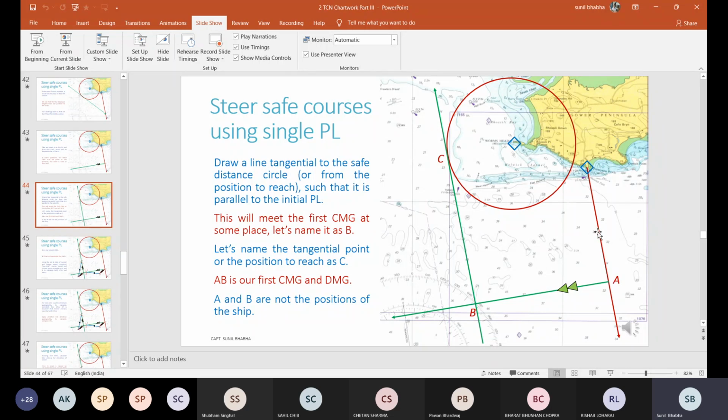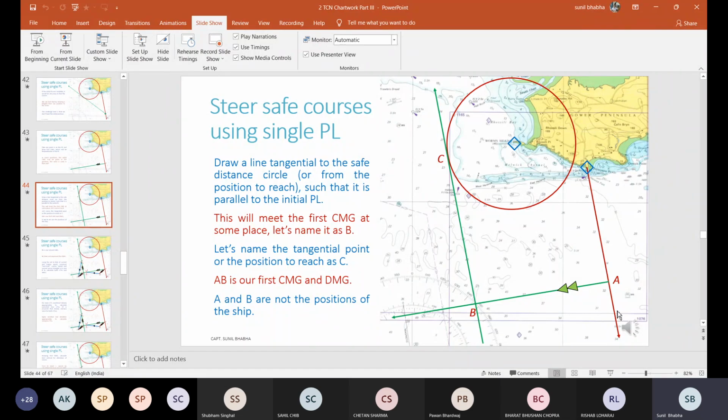Irrespective of wherever we are on the initial position line, we could be here, we could be here, we could be here, anywhere on the initial PL. If you steer your first course AB, and for this much distance, which is equal to A to B, you will always land up on the BC line.